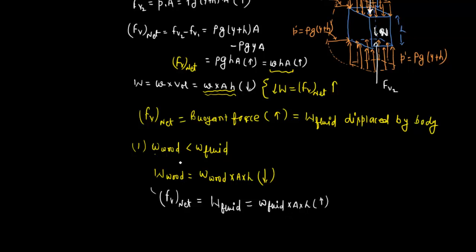You can notice here, as we defined that the specific weight of wood is less than the specific weight of fluid, obviously the weight of wood will be less than the weight of displaced fluid, because the volume here is Ah and here also the volume is Ah, so it is the same.